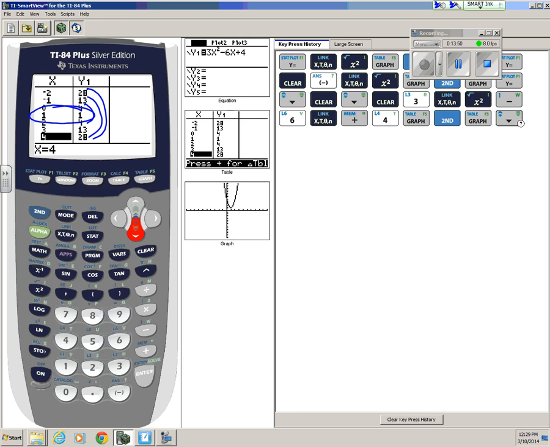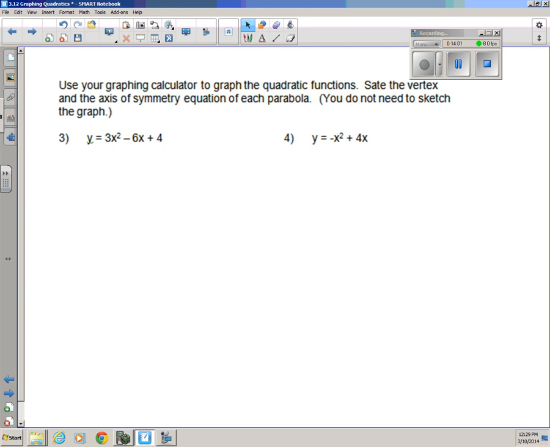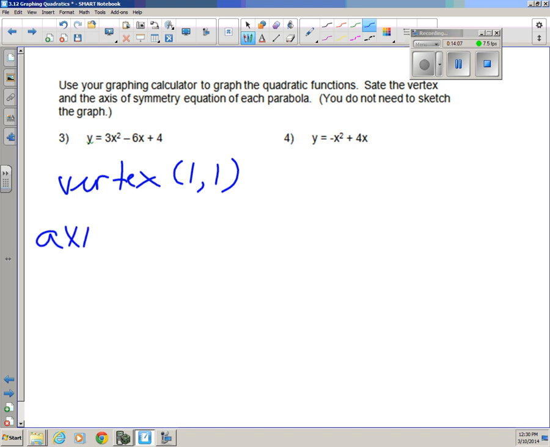And that means the axis of symmetry goes right down through the x coordinate of the vertex. So my vertex is 1, 1, and my axis of symmetry is the equation x equals 1. Bingo, done, finished.